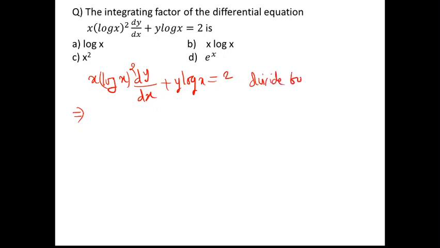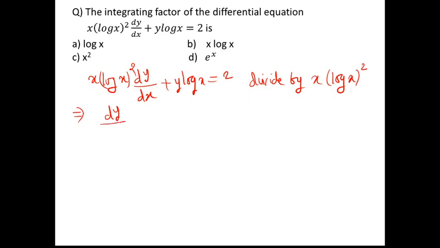This is the equation given: (x log x) squared into dy by dx plus y log x is equal to 2. First of all, make the coefficient of this derivative 1. So we should divide by x into log x squared.